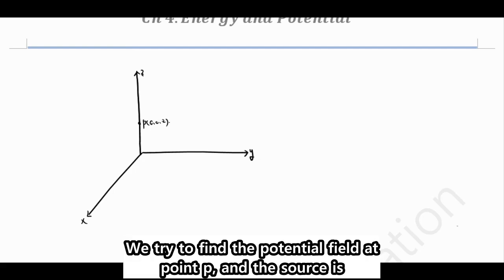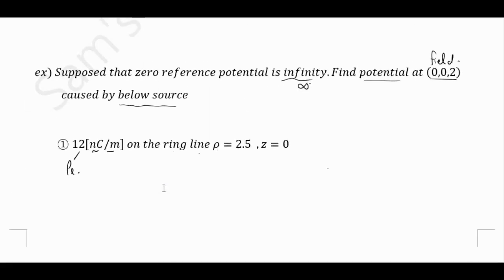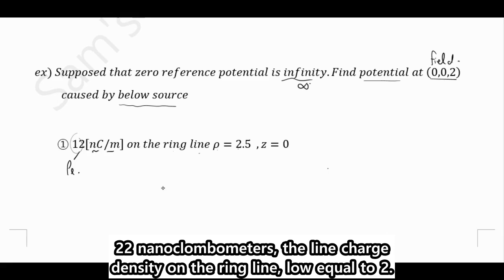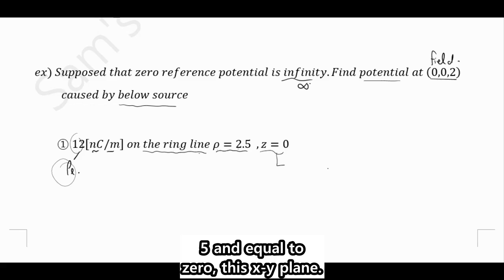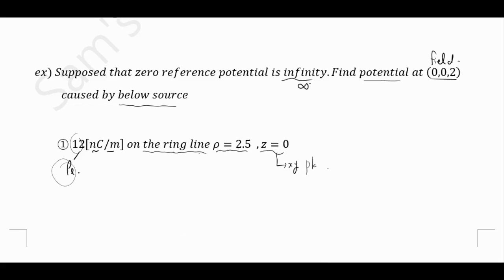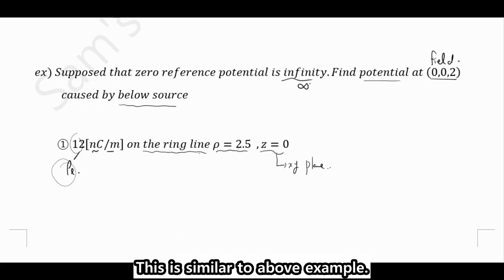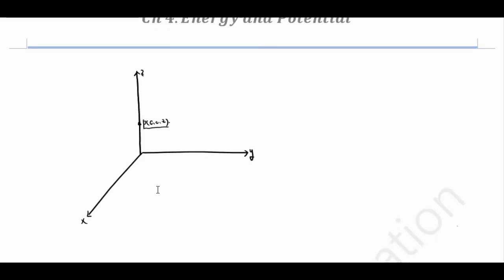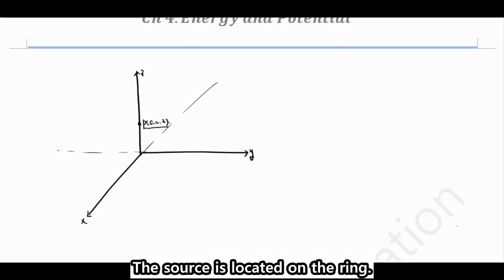We try to find the potential at point P, and the source is 12 nanocoulomb per meter. The line charge density is on the ring rho equals 2.5 and z equals 0. This is the xy plane. This is similar to the above example. So the source is located on the ring.